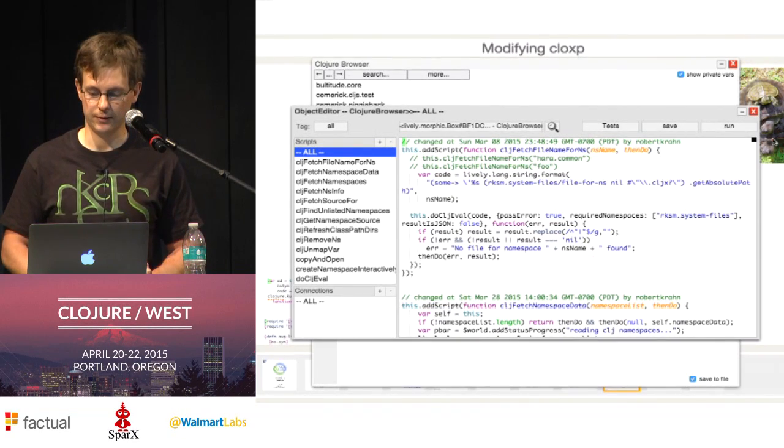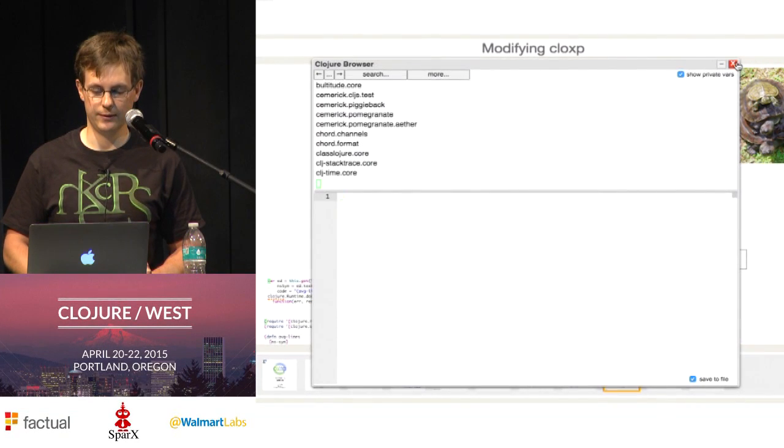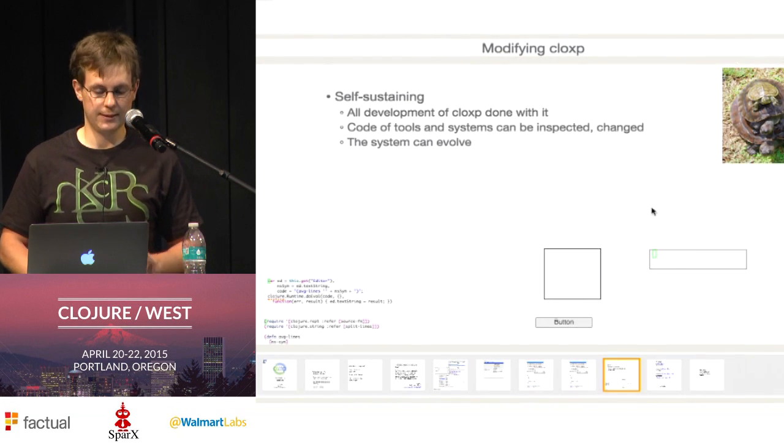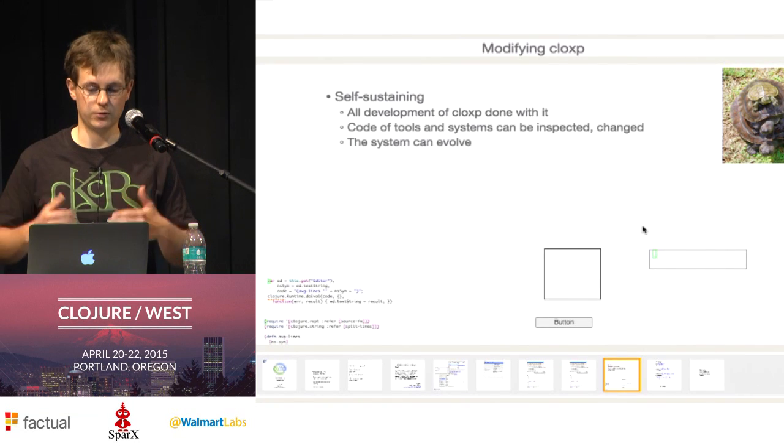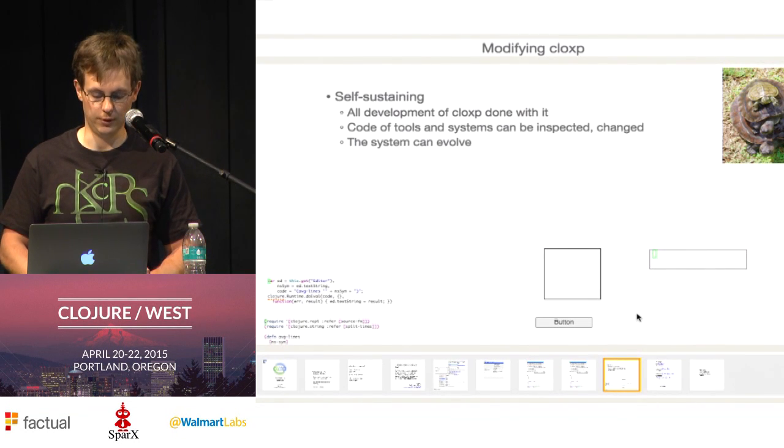So this is JavaScript code that you see here. But using that ClojureScript integration, one of the next steps is to move various parts of the tooling over to Clojure and ClojureScript itself to provide a better integration on that level.